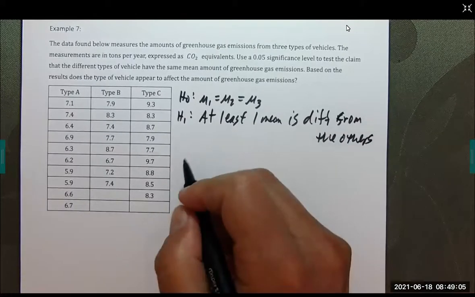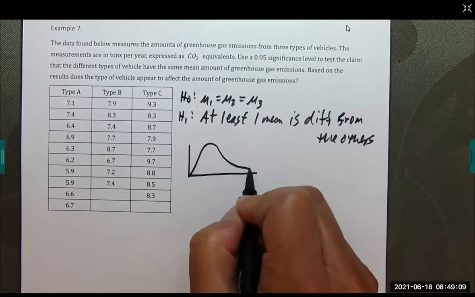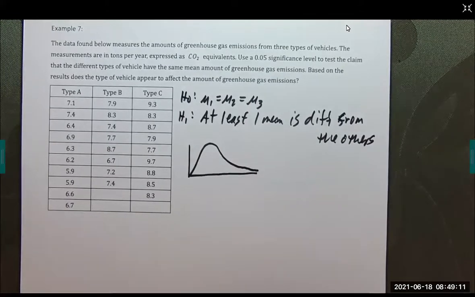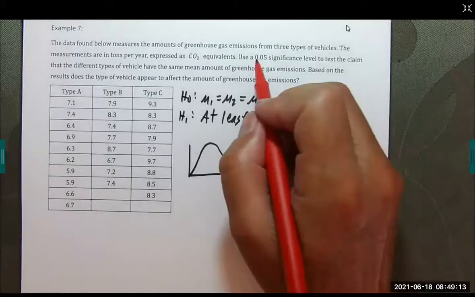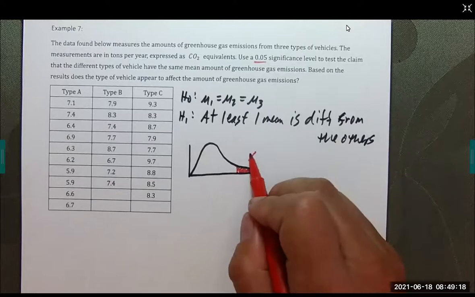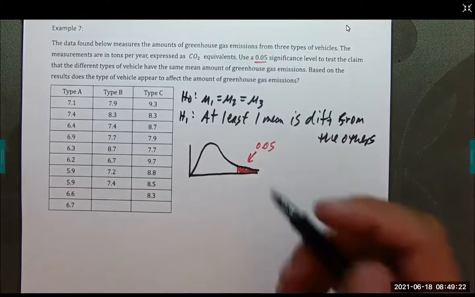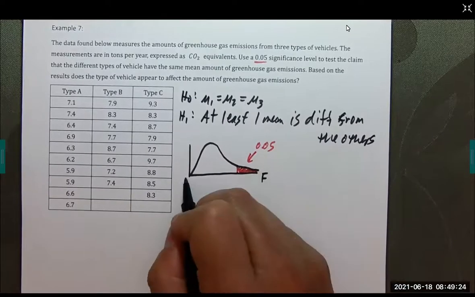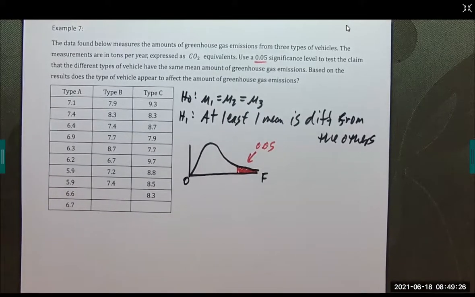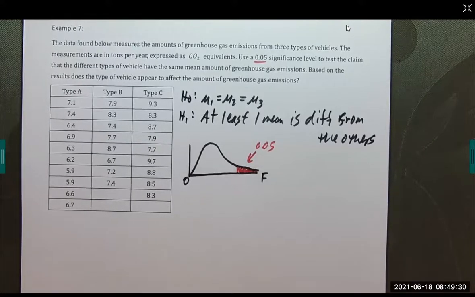Once again, we are at 0.05 level of significance. I didn't label the other one, but this is an F table, which again starts at 0. To find that critical value, we need a complicated set of tables, which we don't need right now.